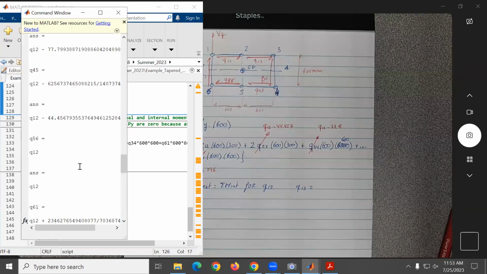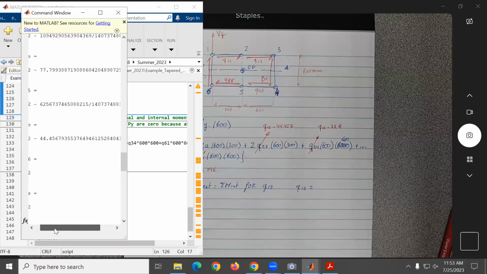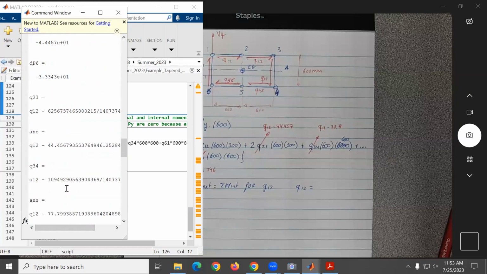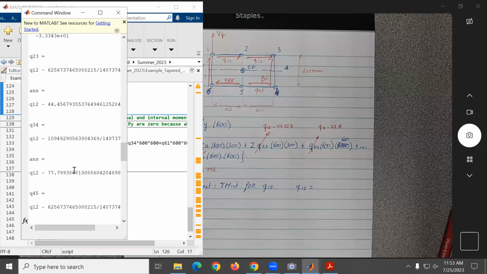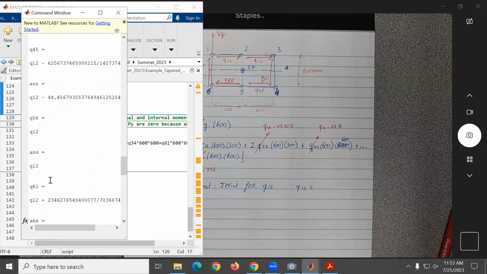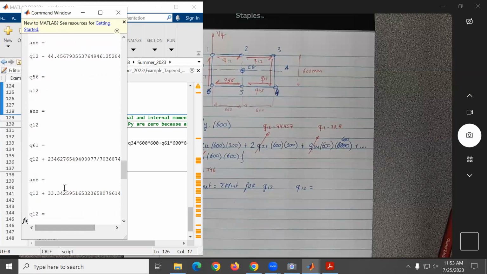Q12 is going to be equal to, these are all the equations. So Q45, Q56 to Q12. Looks like this should be the equation here. I don't know.